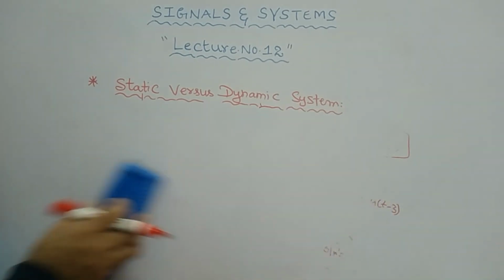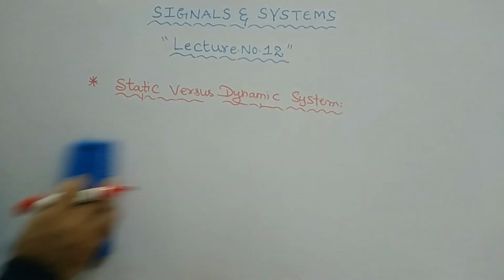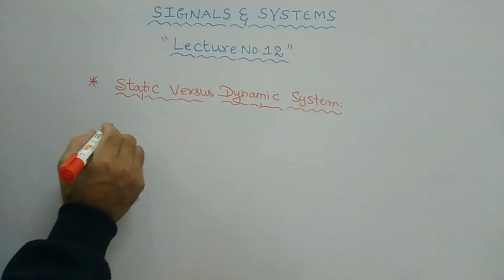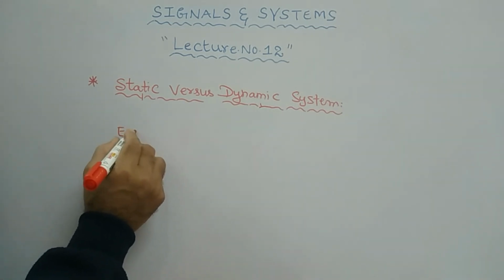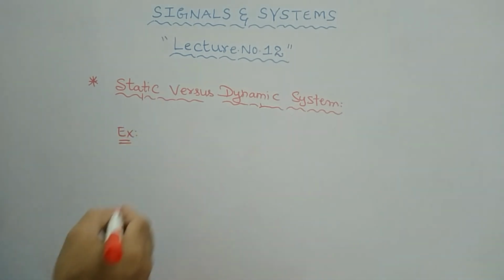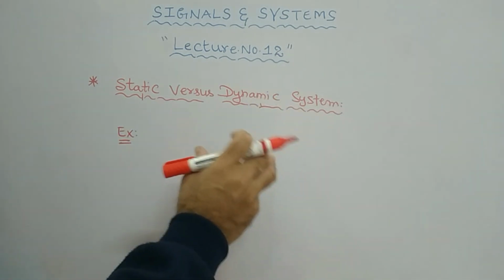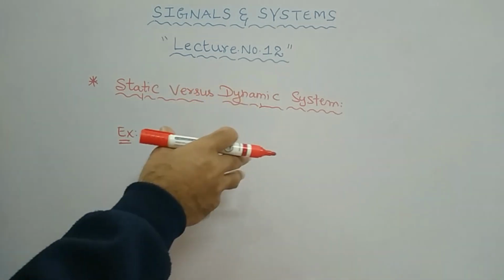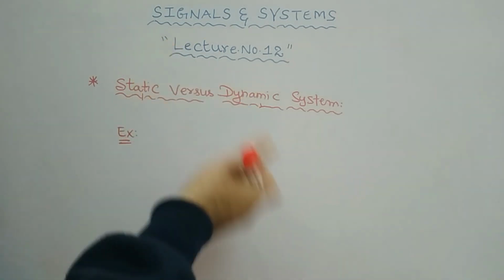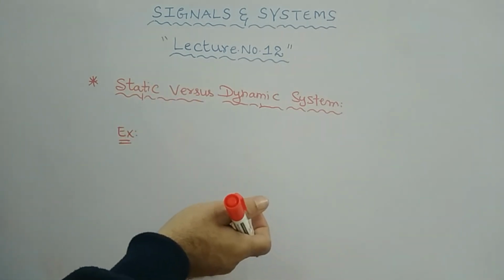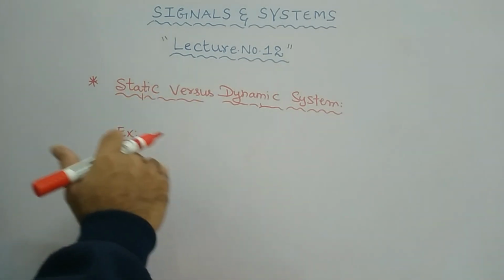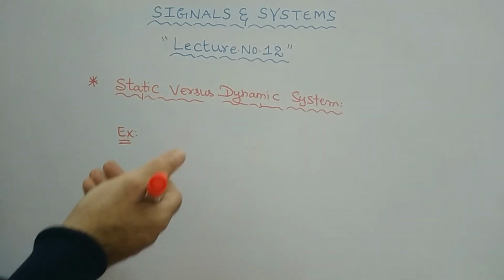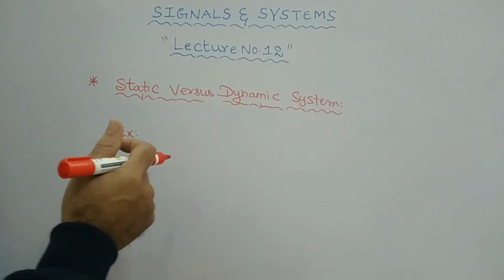I think you have understood this definition very clearly, but let us see one example. To express the response, nature, or characteristic of a particular system, it is normally defined in the form of an equation, the relation between output and input.